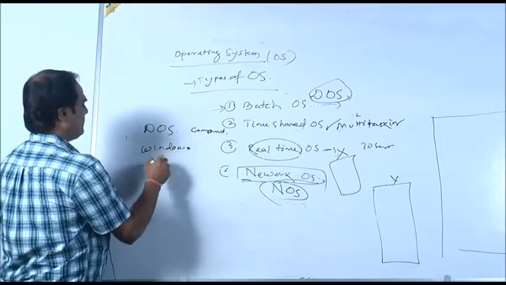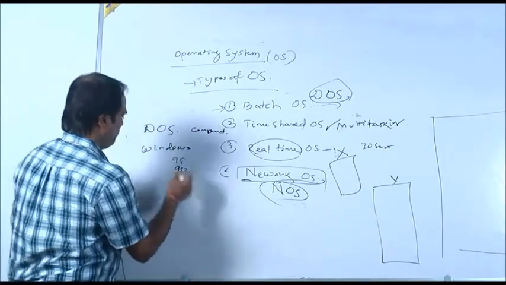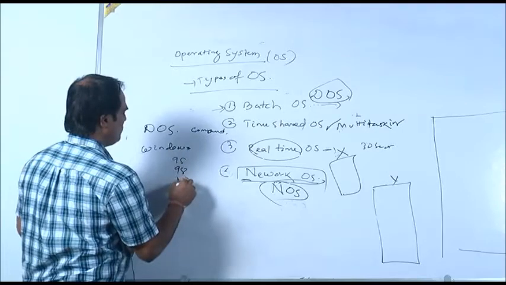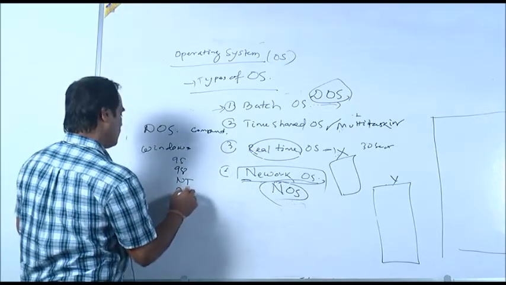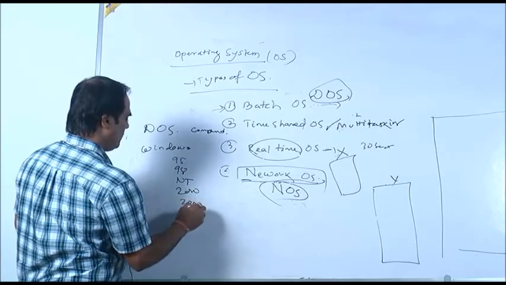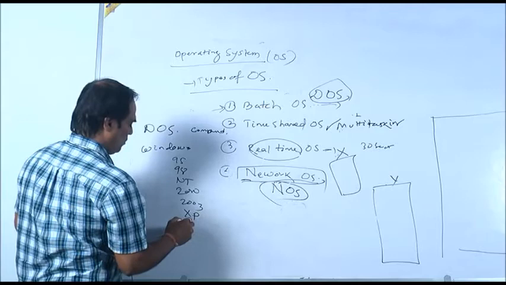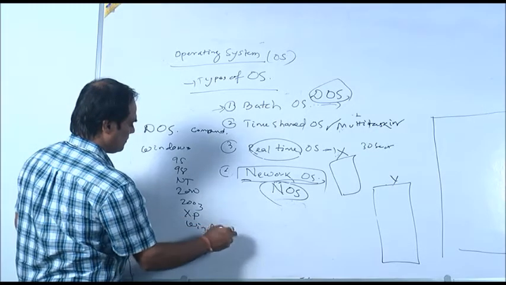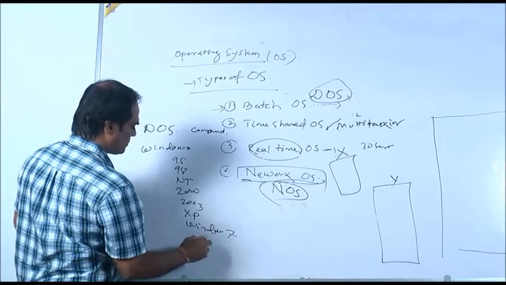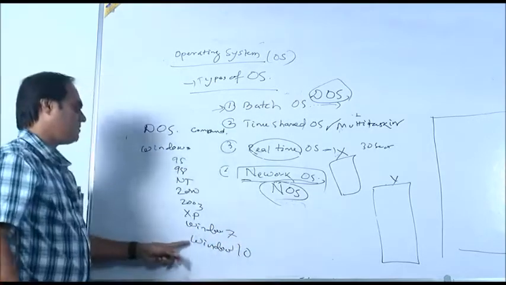Windows has different versions: 95, 98, Windows NT, Windows 2000, then 2003, XP, Windows 7, and currently Windows 10. Nowadays we all are using Windows 10.